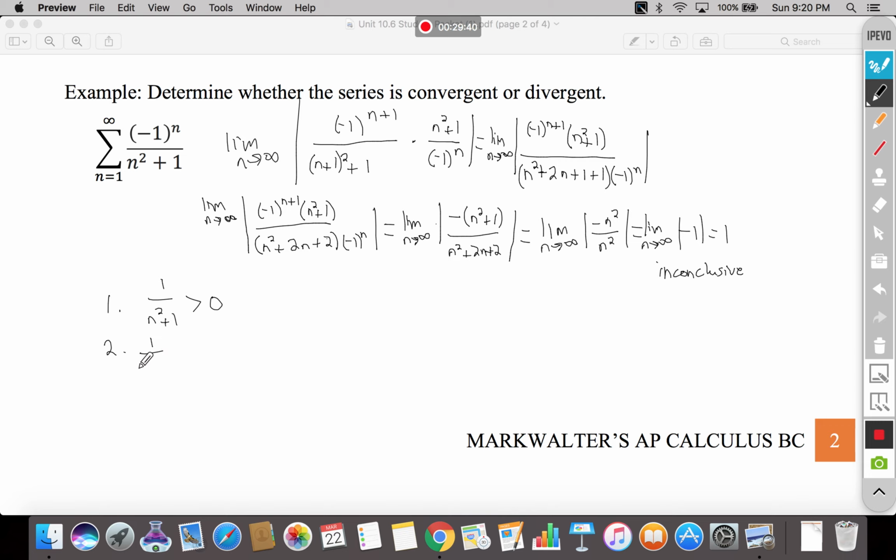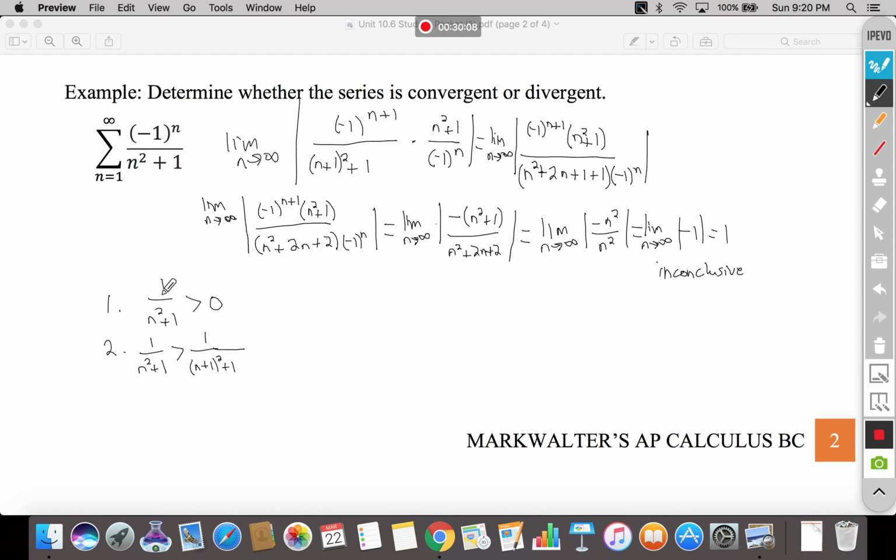So is 1 over n squared plus 1 going to be greater than 1 over n plus 1 squared plus 1 as n grows? And the answer here is yes, because if I'm taking n, adding a number to it and then squaring it, that's going to make this denominator bigger, which means 1 divided by a bigger thing is going to be less than this one.